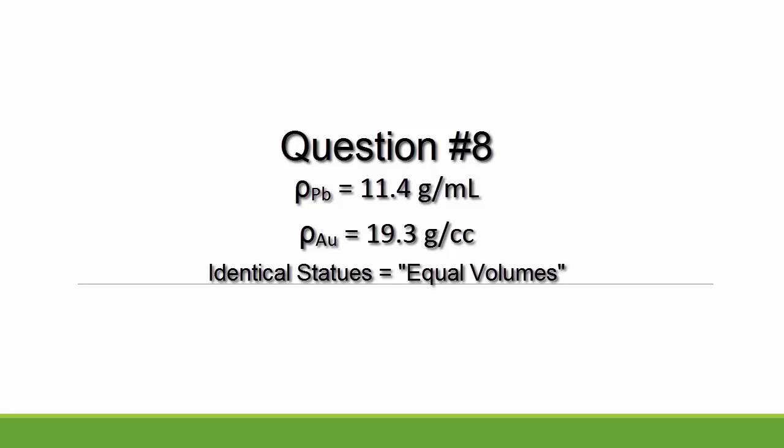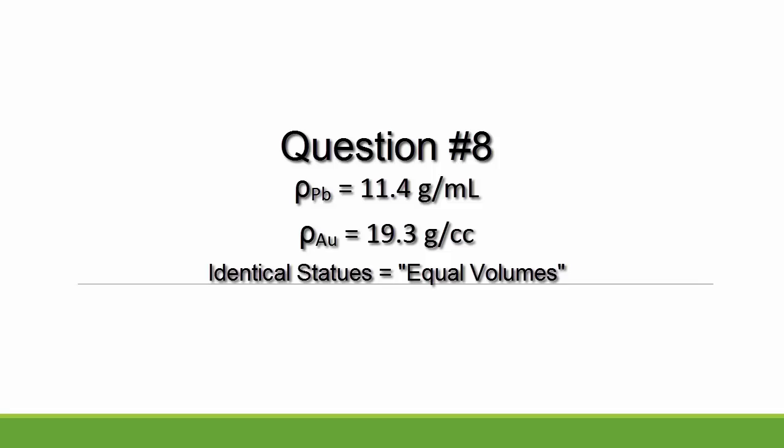Identical shapes, they're going to have identical volumes. So whatever size it is, they don't even tell you in here how much volume the statue takes up. We just know that both take up the identical volume. So with the identical volume, which one is going to be heavier? The one that has the greater density.